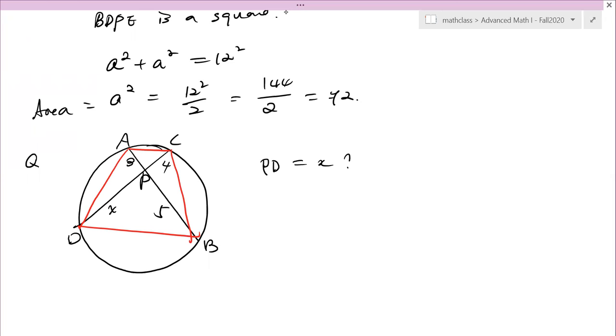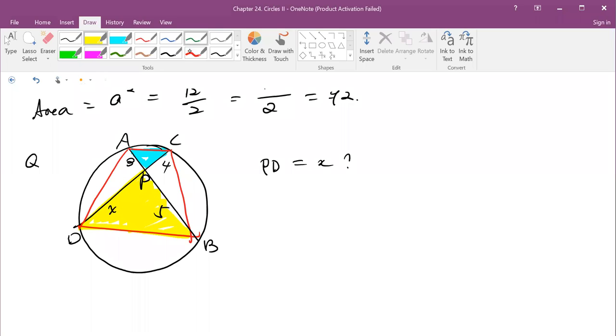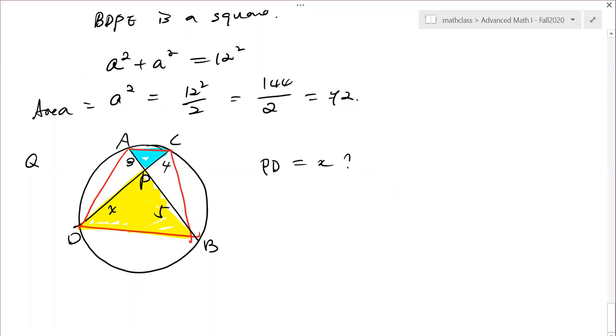I'm going to color it. Okay, one triangle is here, other triangle use a different color. I want to say those 2 triangles are similar. Why are these 2 triangles similar? You have to find the corresponding angles that are equal. This triangle, let's call it theta. That's definitely identical, right?